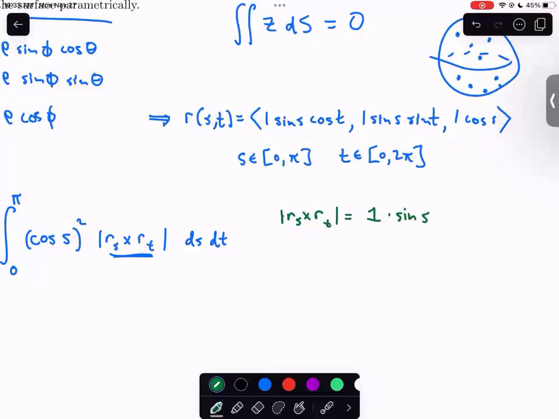So when you switch into spherical normally, you get rho squared sine phi. Here we are switching into spherical essentially, and our rho is 1, so rho squared is 1, and instead of phi, we have s.